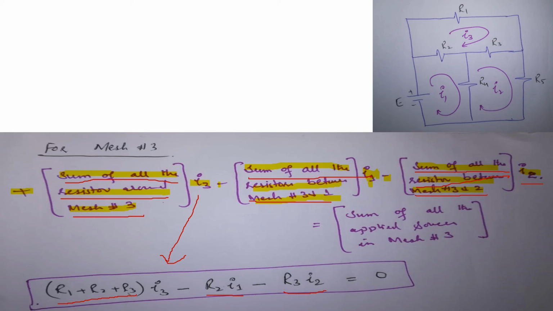Now we don't have any other loop, so we conclude our relation here, which is equal to the sum of all the applied sources in mesh 3. From the circuit you can see that there is no applied source in mesh 3, so the sum of all the applied sources in mesh 3 is equal to 0. This is your equation number 3 for mesh 3.